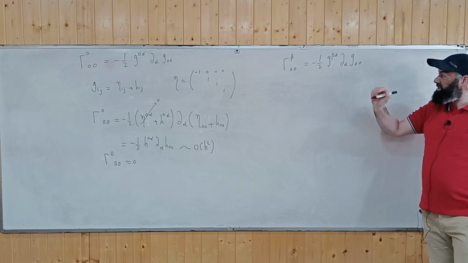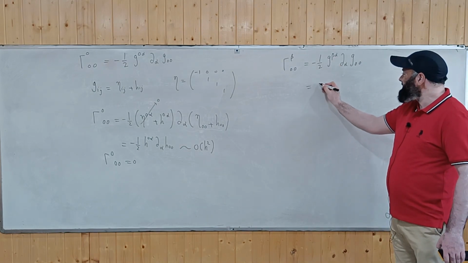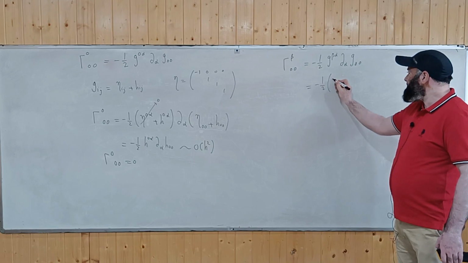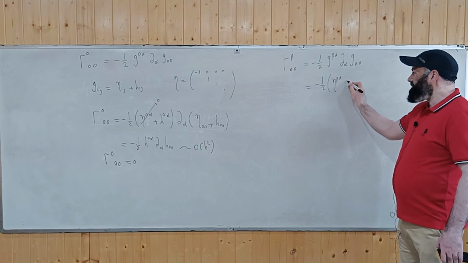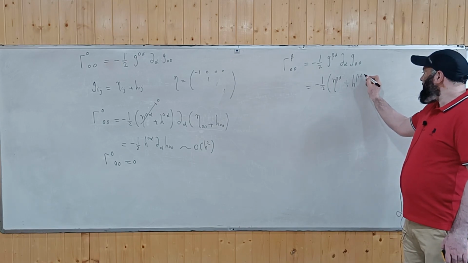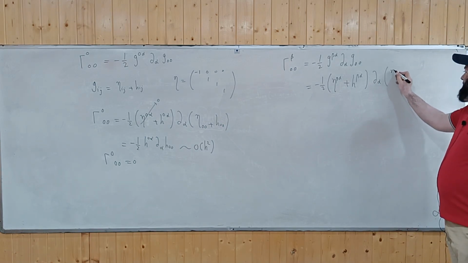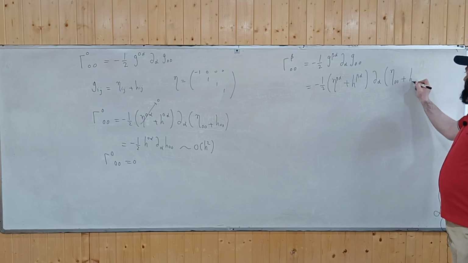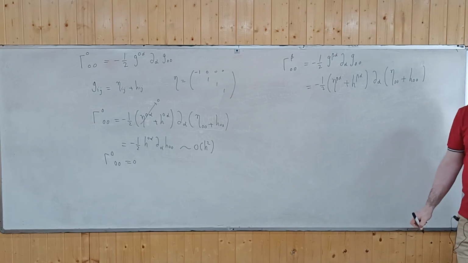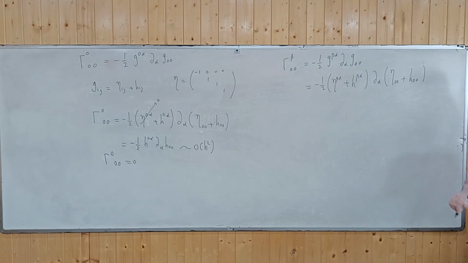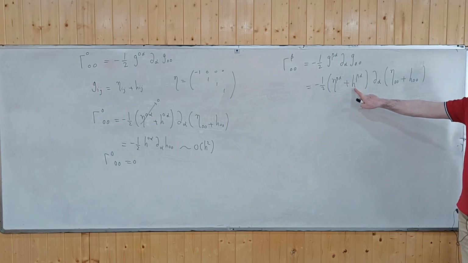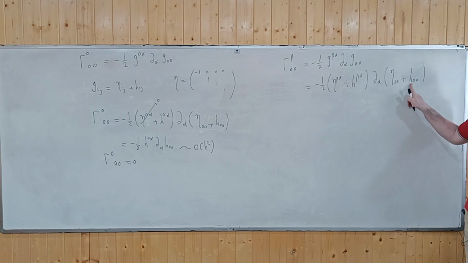So that means this G, let me write in terms of eta again, minus half of eta beta alpha plus H beta alpha and partial alpha, what is G00? So it is eta 00 plus H 00. Clear? Now let's take this very term, H partial alpha H0.